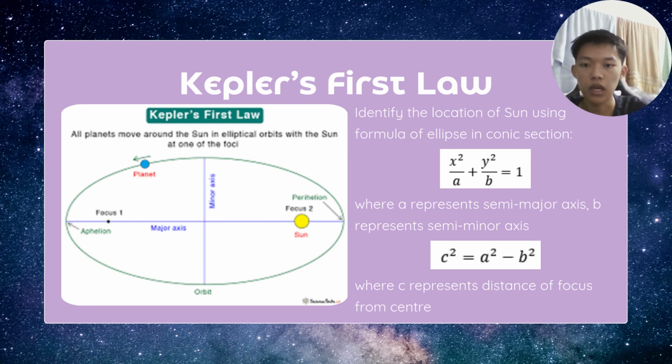For example, if a is equal to 10 AU and b is equal to 8 AU, then c is equal to the square root of a squared minus b squared, which is 6 AU. It means that the sun is positioned 6 AU away from the center.